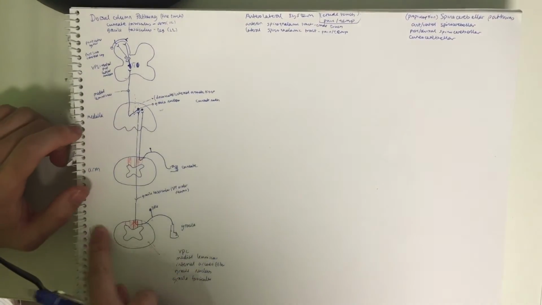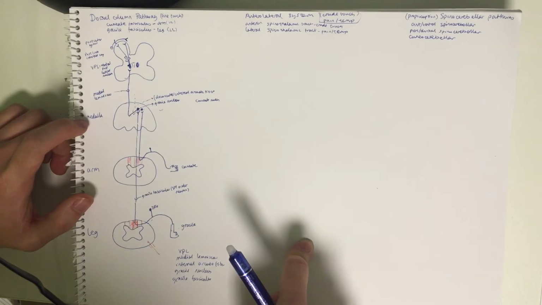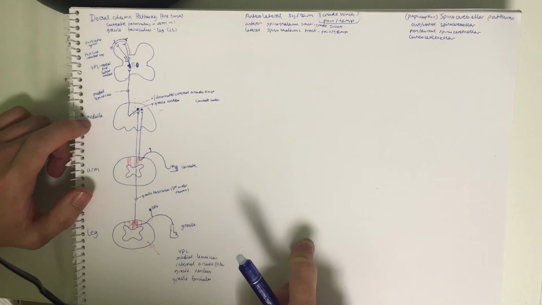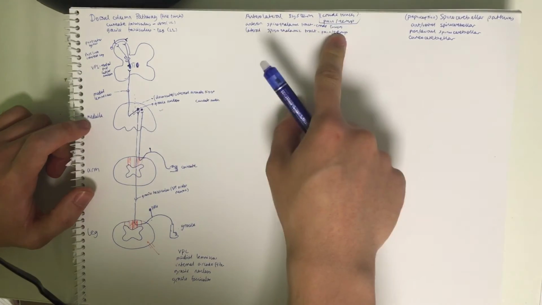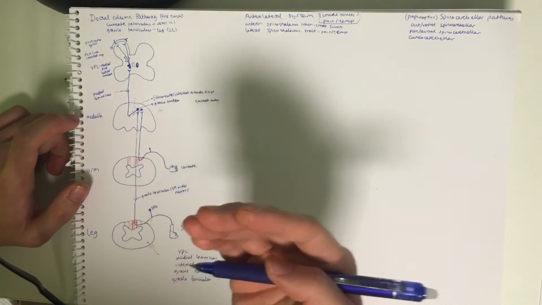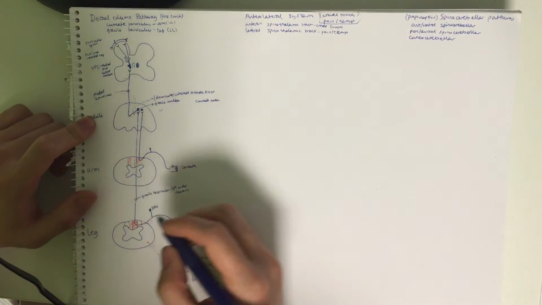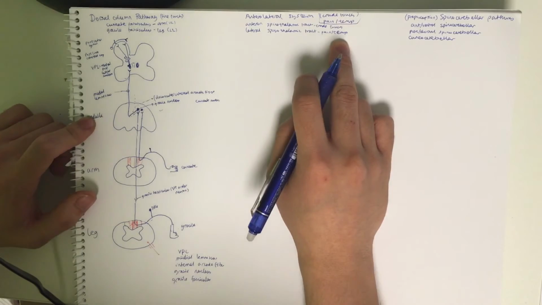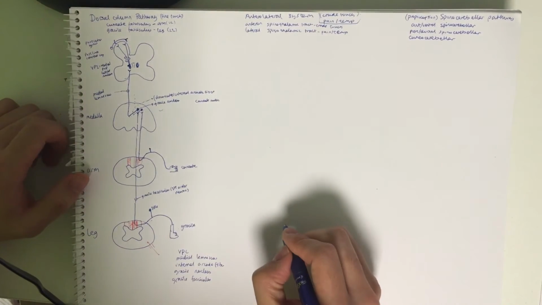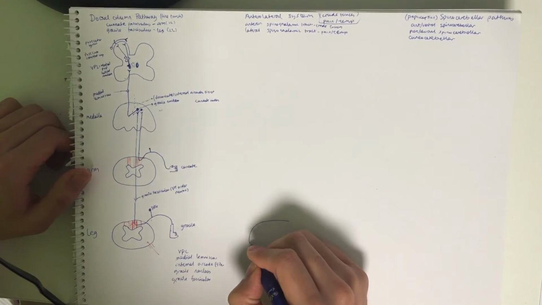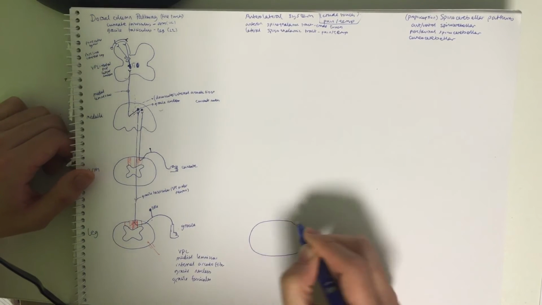Anyways, this is the level of the leg. So I'm going to draw, well, to be honest, with this, it doesn't matter what level it is. So crude touch, pain, and temperature is at all levels, yeah? Okay, what do I mean by this? Let me just show you.